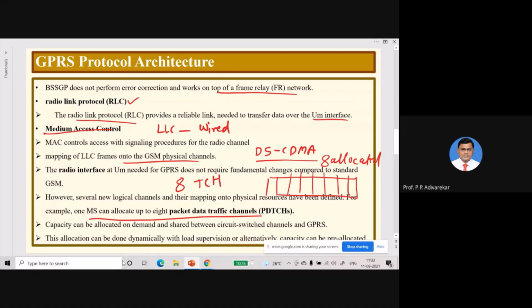Because we are using packet switching rather than circuit switching, channels can also be shared, so capacity can be improved. This allocation can be done dynamically, that is on demand, while monitoring the load on the BSS and SGSN, and capacity can also be reallocated depending on the priorities of the users and their data.